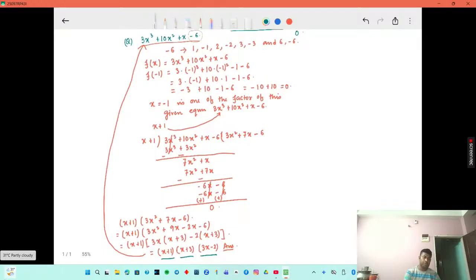Okay, so now here the power of this equation is 3. It is a cubic equation, so the total number of factors of this given equation will be 3.